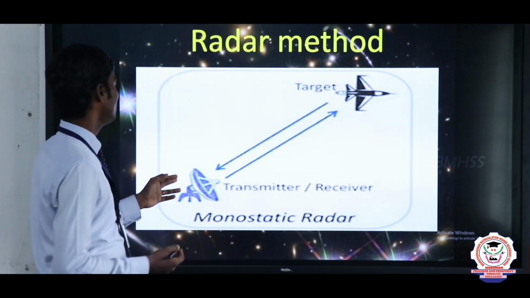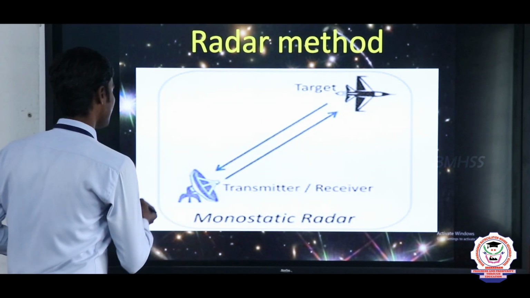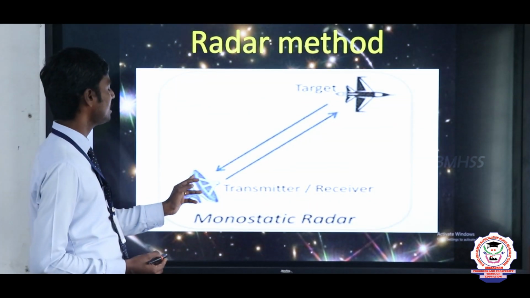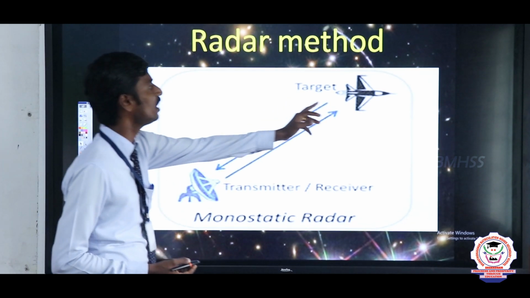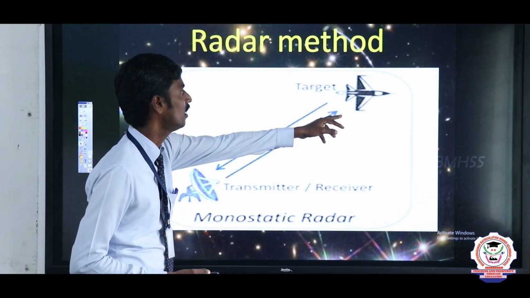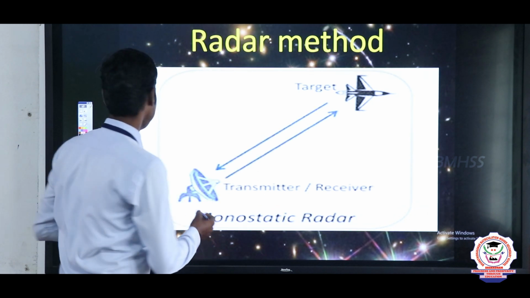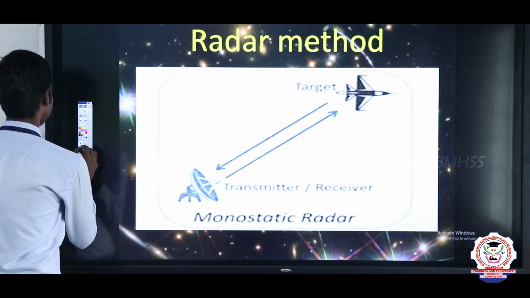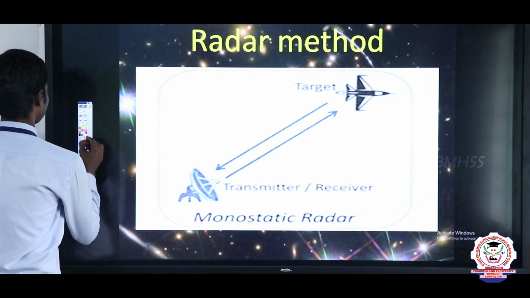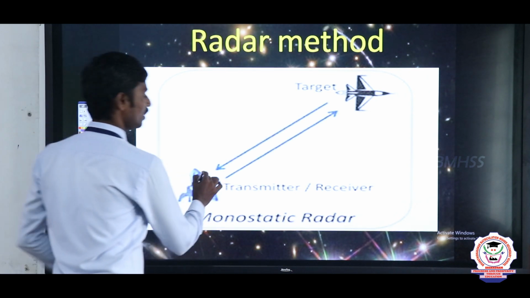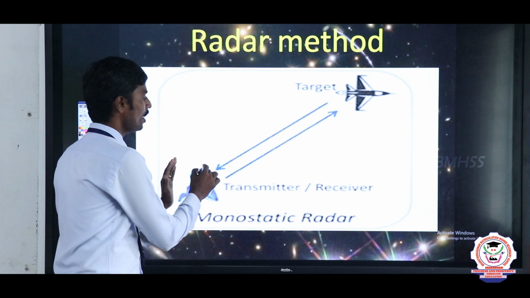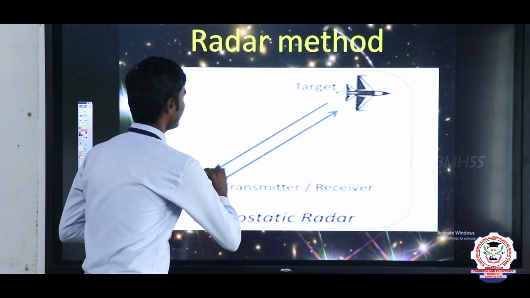See here, the radio waves are transmitted from the transmitter and, after reflection from the target, are detected by the receiver. Okay, see, the radio waves are transferred. Here this is the source of radio waves. These radio waves are transferred from the transmitter.